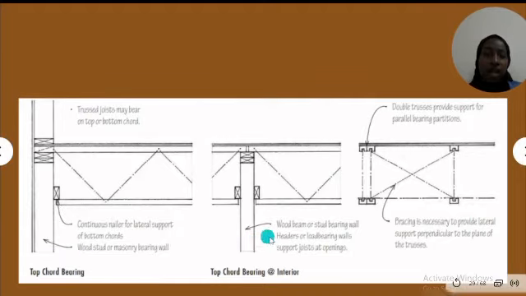At the interior has wood bearing or stud bearing wall, headers, wall support joist at the opening. Here the double truss provides support, and the cross one is called bracing, which is necessary to provide lateral support to the plane of the chords.